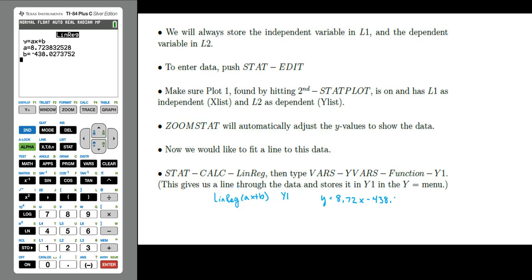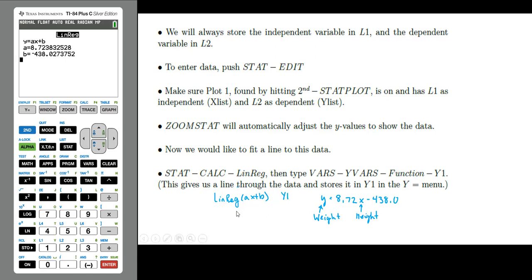I guess we'll just say 0.0. Okay, so there's our equation, right? So if I put a height in for x, this is a height, right? Then it's going to tell me the weight that goes along with it.